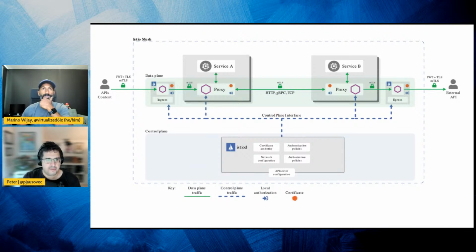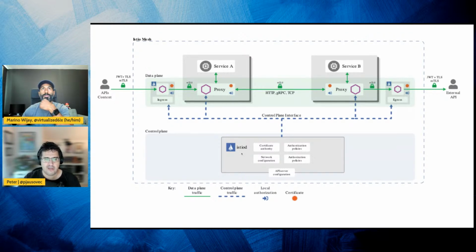In terms of the security things and those concepts, especially on this diagram, you'll notice down here in istiod there's a box talking about the certificate authority, and there are 2 boxes that talk about authentication policies and authorization policies.